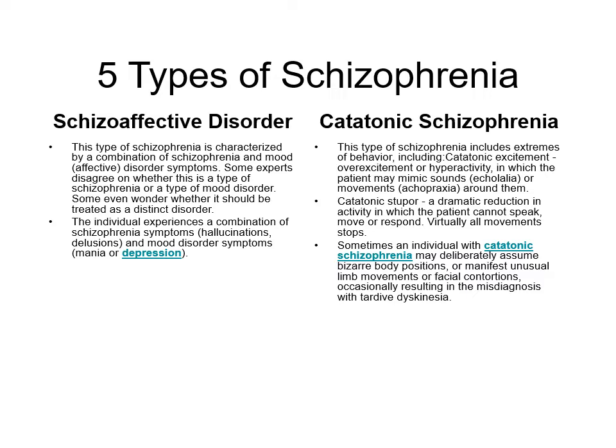And then you also see catatonic excitement, overexcitement, hyperactivity. What this means is when the person gets excited, maybe they'll start cawing like a crow or something. That would be echolalia, I think is how you say that. Or echopraxia, which is that kind of movements.